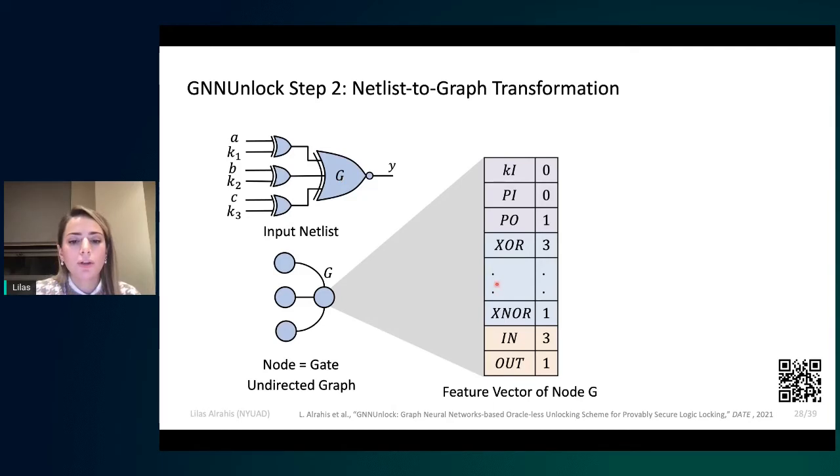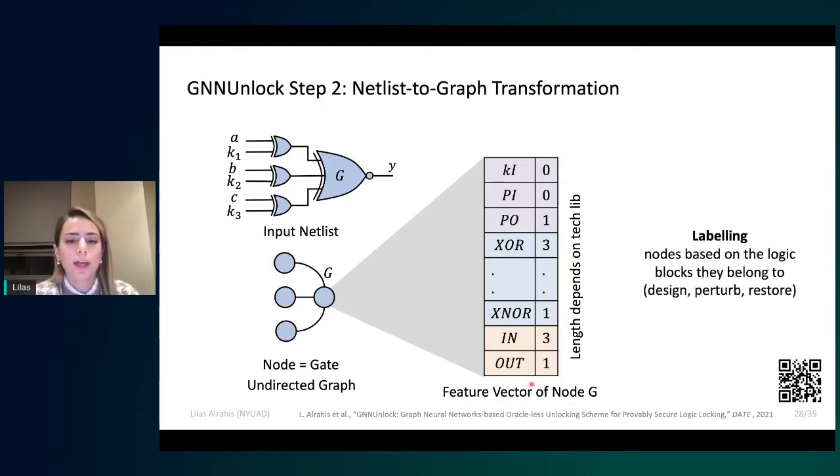I am putting dots here to tell you that, of course, we don't only consider XOR and XNOR, we consider all the possible Boolean functionalities in the technology library. So the length of this feature vector will depend on how many different Boolean functionalities we expect to have in our circuit. We also encode the input degree and the output degree of the node, so basically the number of inputs and the number of outputs. Here this gate has 3 inputs and 1 output.